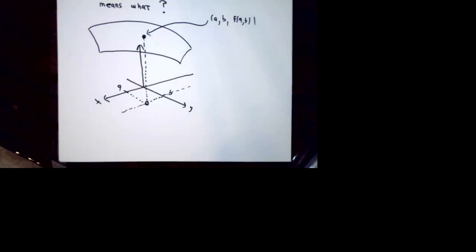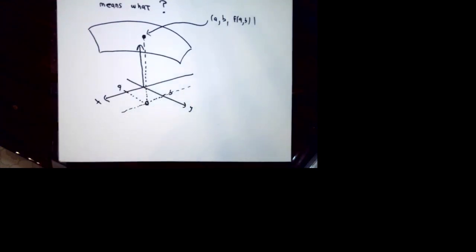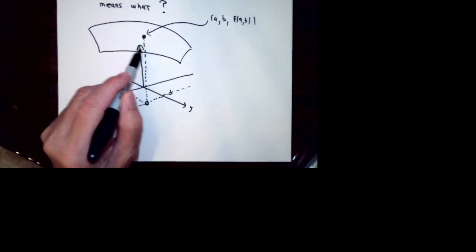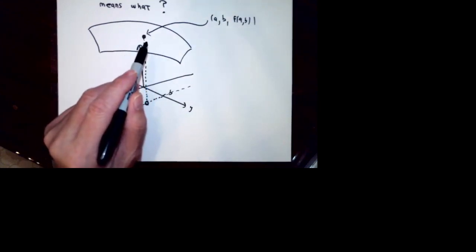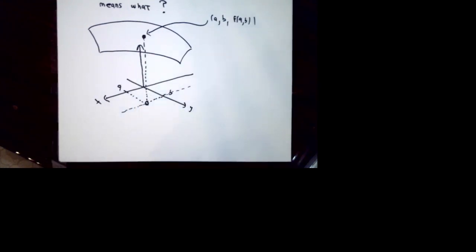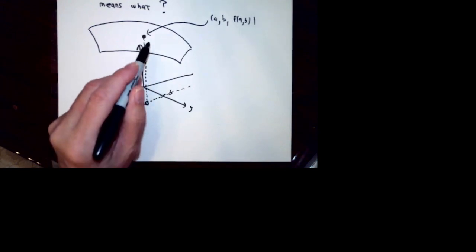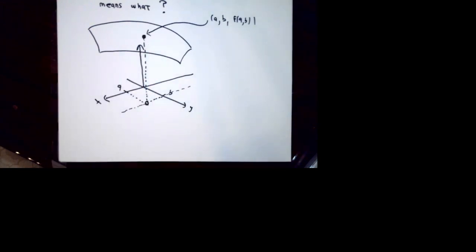I'm only thinking about the points that I get when the y-coordinate is held constant to b. This means I'm not thinking about all of the points of the surface. I'm only thinking about the points of the surface that lie above this straight line. For each point on this straight line, there's a function value, there's a point on the graph to go with it.